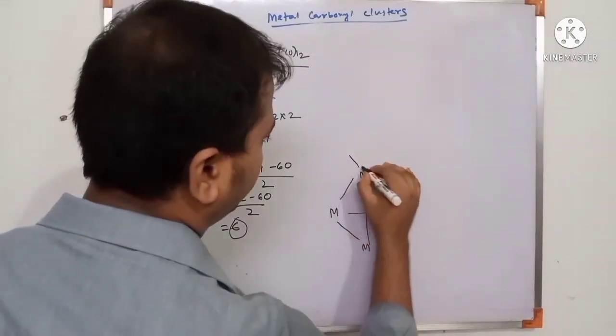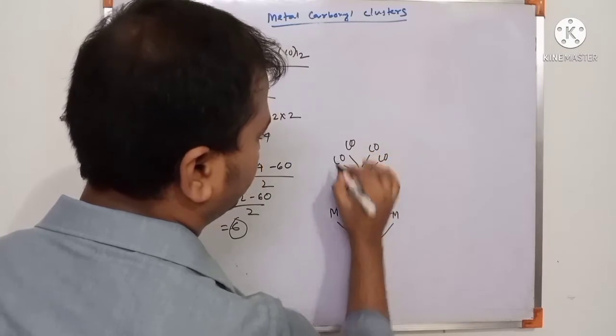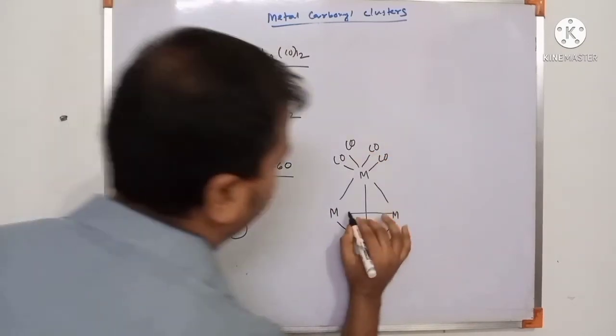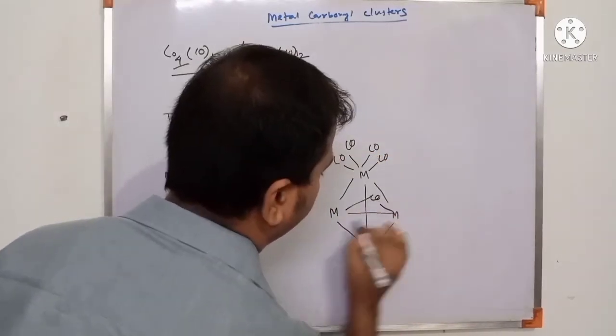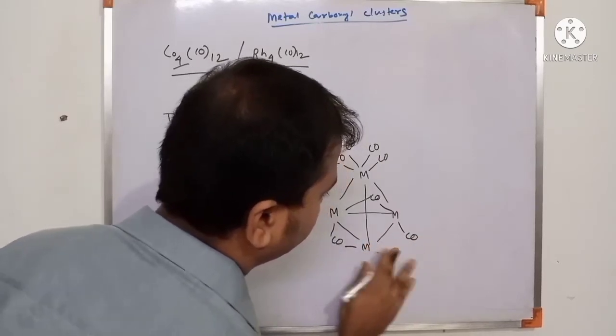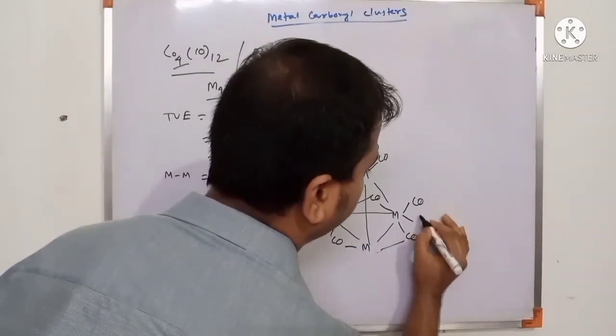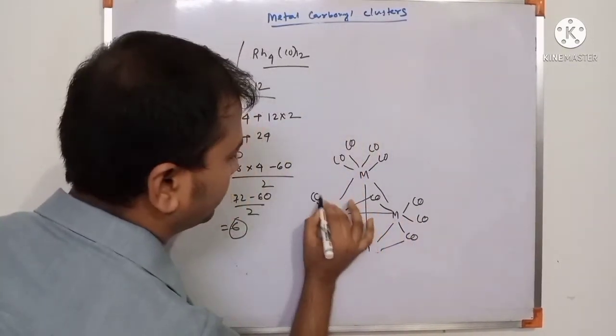Then for carbonyl, there are 4 carbonyl. Another CO is bridging, 3 bridging and 2 terminal.